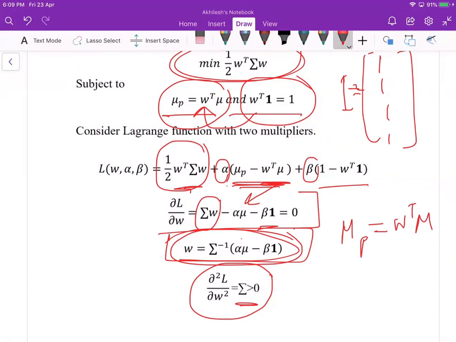See, w is equal to this, we can put it into this, and we'll have one equation, and we'll put w into w transpose 1 is equal to 1. Okay. Here we also put this value. So we have two equations, two unknowns. You can find alpha and beta.